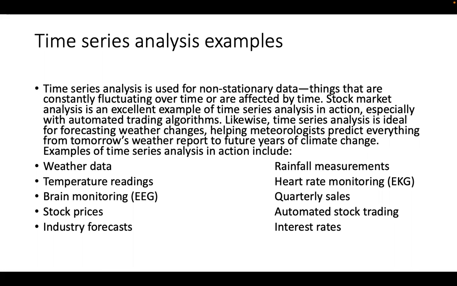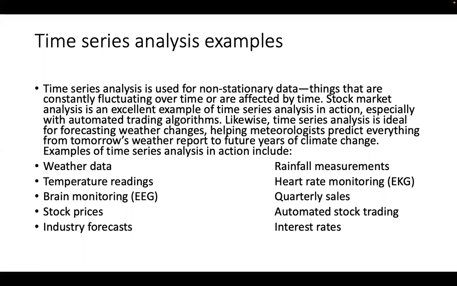And then temperature readings, which are also very fluctuating. If you check your temperature over a complete day, it would change quite a number of times in a day. For example, if you record your temperature every hour, your temperature readings can vary.